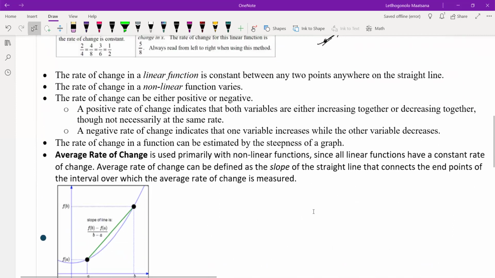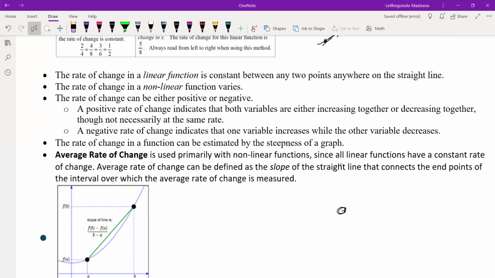The rate of change can be negative or positive. If the rate of change is positive, it indicates that both variables are either increasing together or decreasing together, though not necessarily at the same rate. So, for example, let's say that you have acceleration.